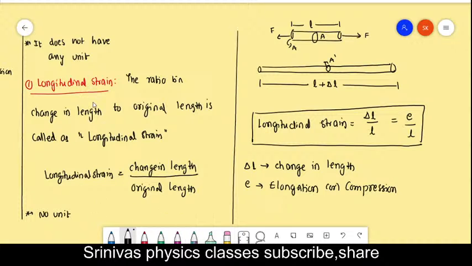Any doubt, students? If you have any query, write in the chat box. Is it clear till now, students? Is it appearing or not appearing? Students, is it clear? Write in the chat box. Do you have any query?